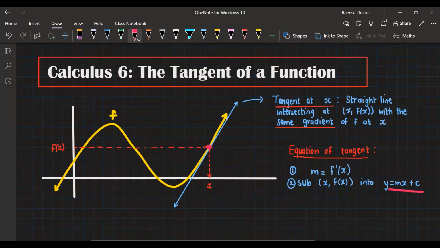To calculate the gradient, we evaluate the derivative of the function at that point. As we spoke about previously, the derivative is the gradient at a particular point, so that would be the gradient of the tangent. Then we substitute the point that they intersect at, which is x and f of x, that coordinate that's on F, and then we can get the equation of the straight line.